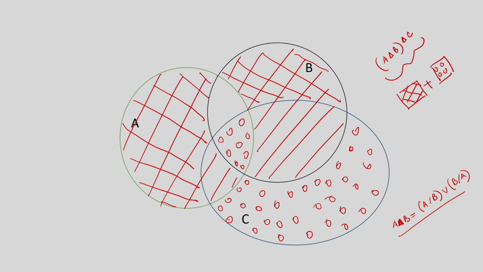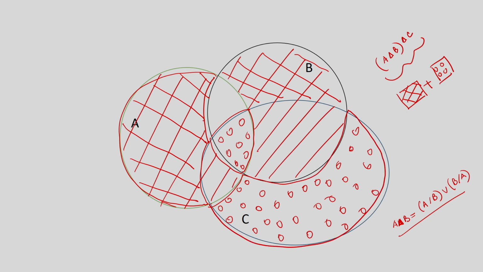If I just highlight that, it will be this portion, and this portion, and this portion, right, and this portion.